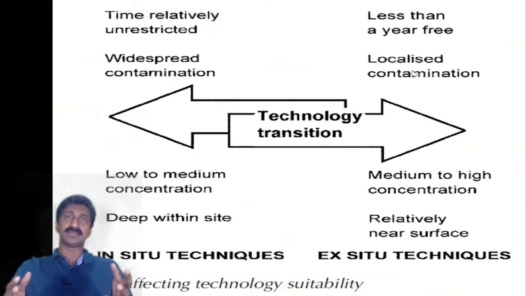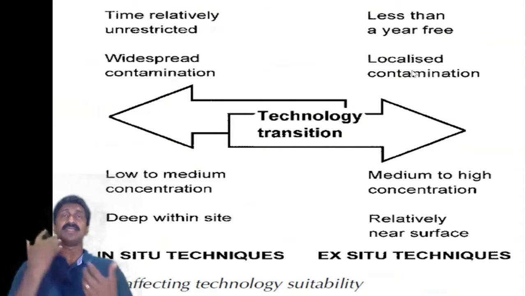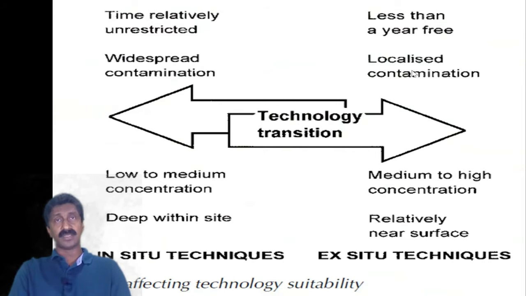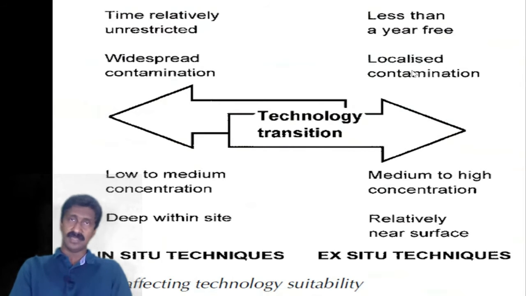In that case, it is relatively time unrestricted, and the pollution is ongoing. Similarly, from mines there may be acid mine drainage, where during the working of these mines there is a continuous supply of different types of pollutants and acids into the environment.